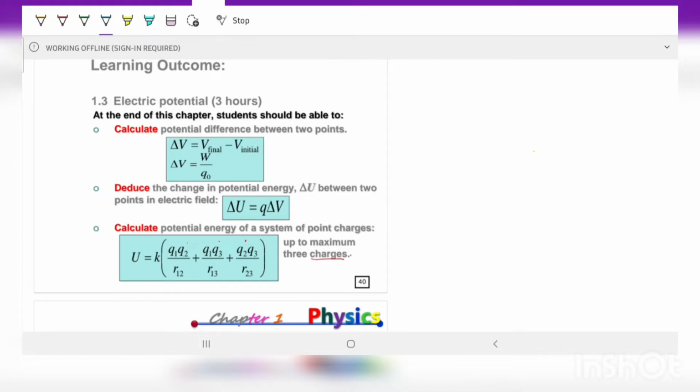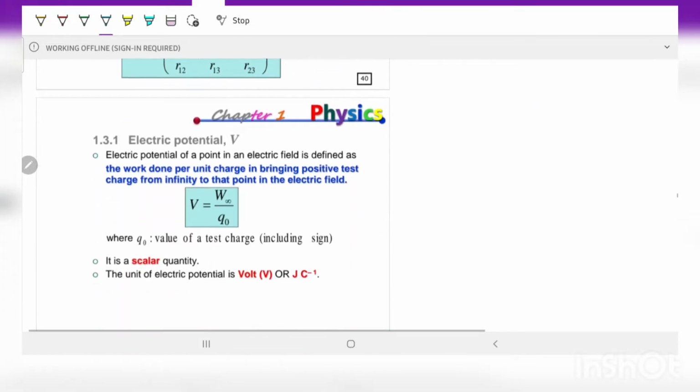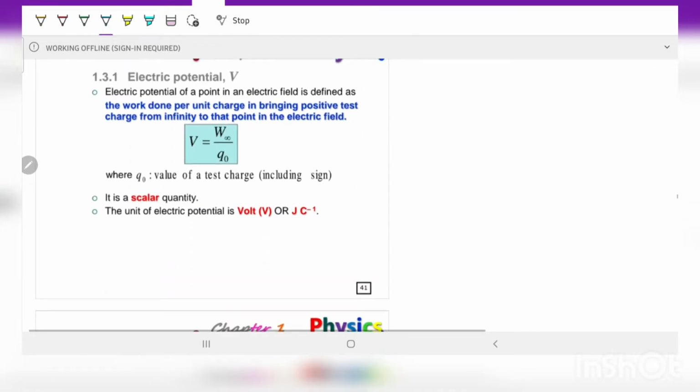At the end of the chapter, students should be able to calculate potential difference between 2 points, delta V. Buat nama pun potential difference, so delta V, V final minus V initial, deduce the change in potential energy delta U between 2 points in an electric field, delta U equals Q delta V. And next, calculate potential energy of a system of up to 3 charges, meaning that you're going to have 3 pairs: Q1 Q2, Q1 Q3, Q2 Q3. Okay, itu sahaja.